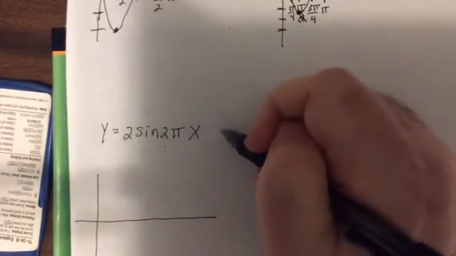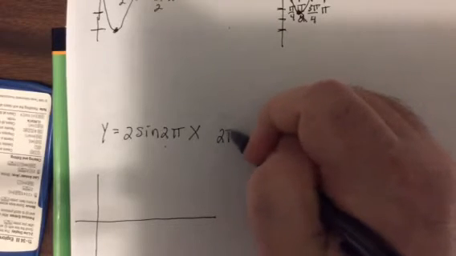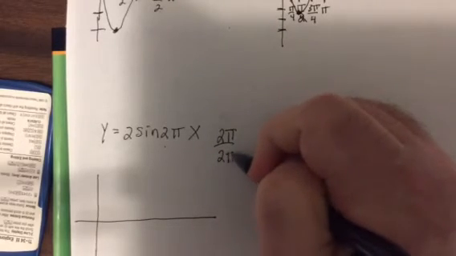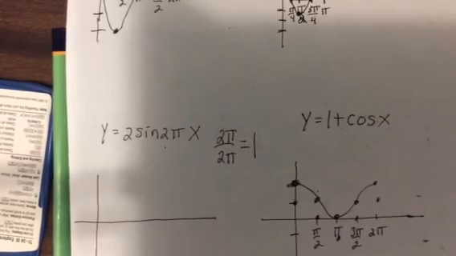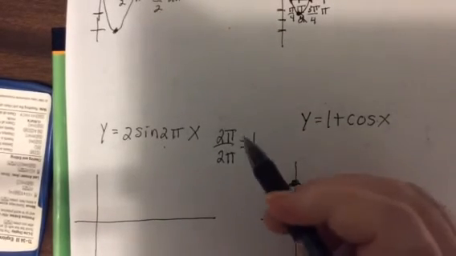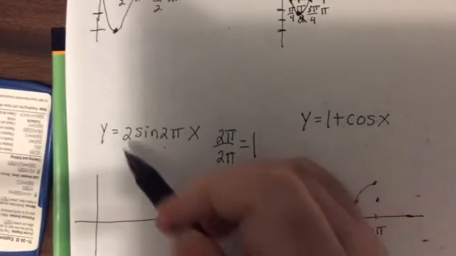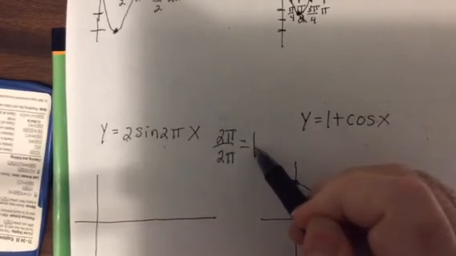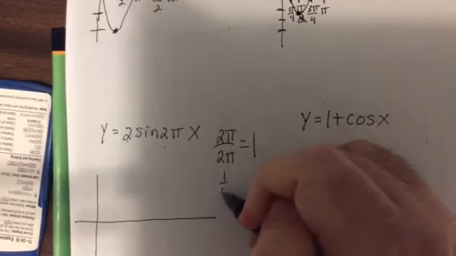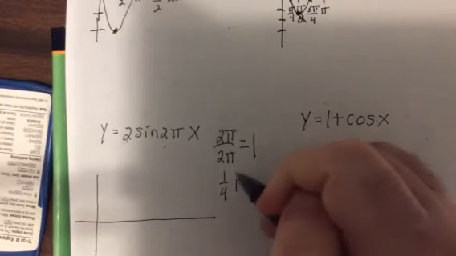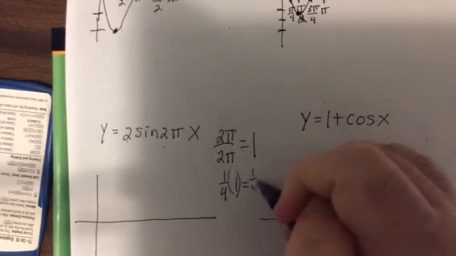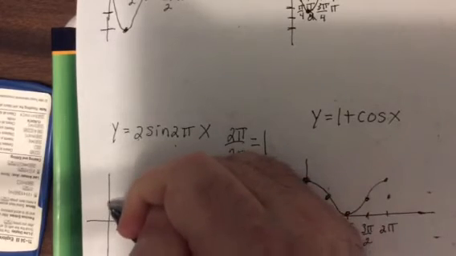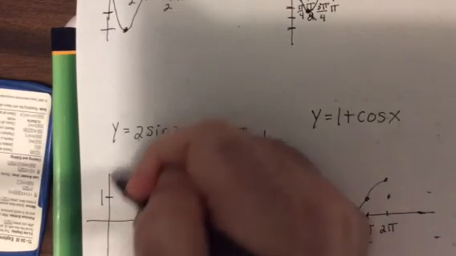Oh, tricky problem. You go 2 pi divided by 2 pi, which is 1. Now, a lot of you found that, then you use 2 pi. No, the period is 1. Now, notice the amplitude is 2, but the period is 1. So you go 1/4 of 1 is 1/4. So it's every fourth. So I'm going to make this 1.